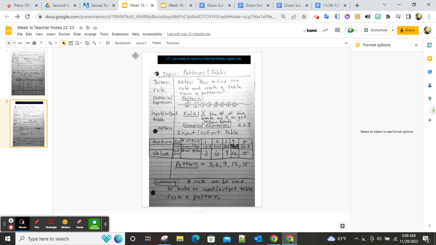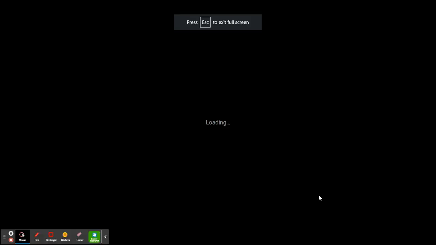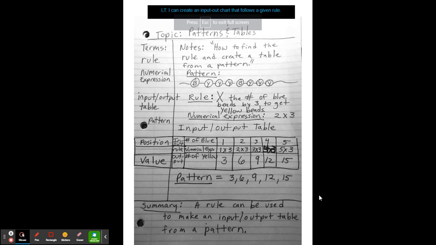And I did write that down in our notebook page so that you have an example of how to create a table with a rule all the way to the pattern that that table creates. So if you notice here, I took my outputs and I wrote them down with a comma in between. So my pattern is 3, comma 6, comma 9, comma 12, comma 15. I wrote the commas to separate the numbers so they don't get confused and look like a bigger number.